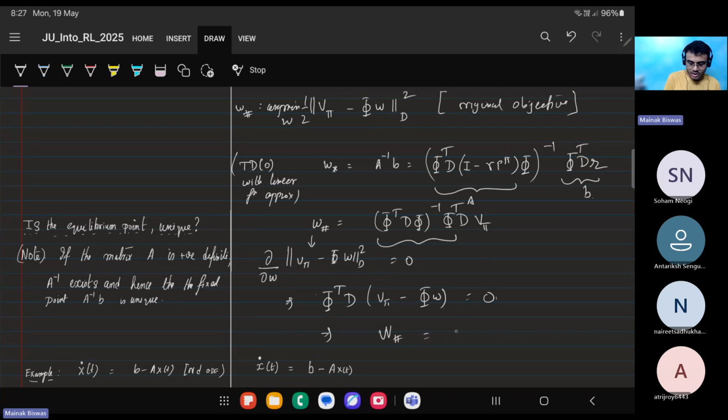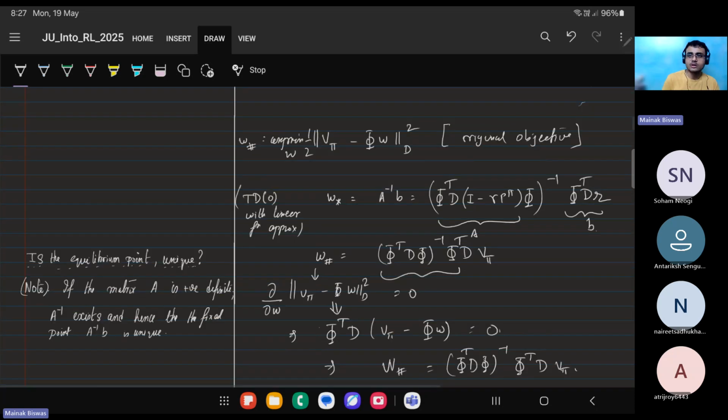The optimality point is phi transpose D phi inverse phi transpose D V pi. So this is what we derived in one of our previous classes, that the derivative of this equation is this, right? We derived it extensively.